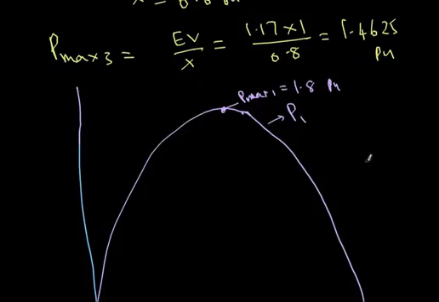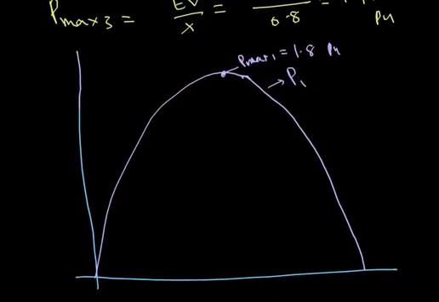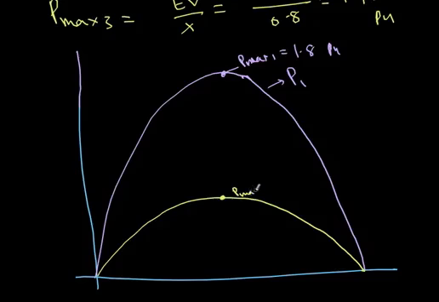This is under normal operation. Now, if I have a fault, under faulted conditions, this is my Pmax. So the height of this will be, I'll just write it here. Pmax2 is 0.65. That's what we calculated.